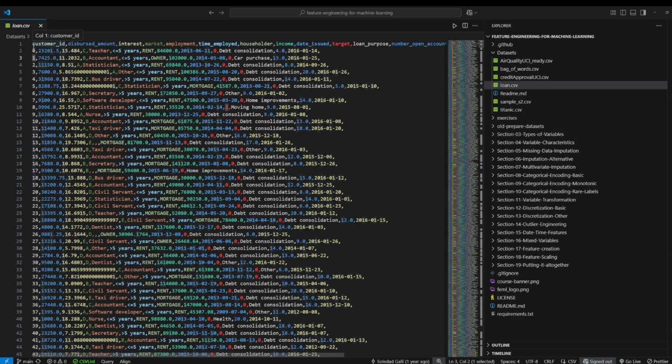Customer ID, for example here, starts with 0, 1, 2, 3, these are the customer IDs. These are the values. First of all, this is a variable or label, whatever you call it, and then these are the values for this customer ID. For disbursed amount, these are the values. For interest, these are the interest rates.